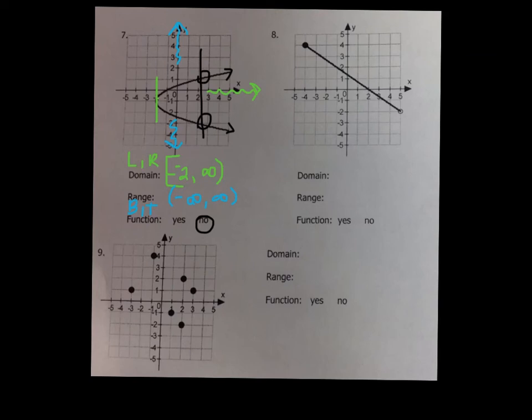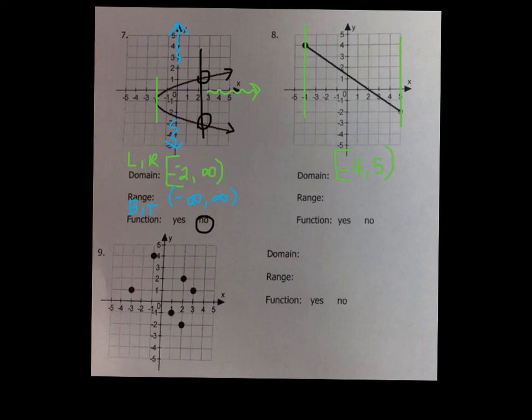Domain here. Here is the left side of my graph. Here is the right side of my graph. So if I were going to do left to right, it would be this. On the left side of the graph, I have a closed circle. That will get me a bracket. On the right side of my graph, I have an open circle, which will be a parenthesis.